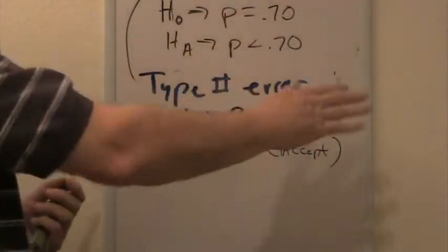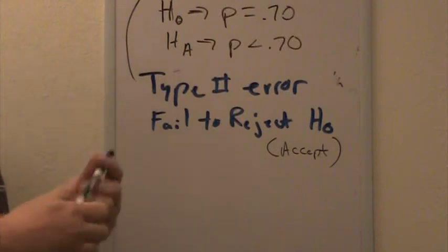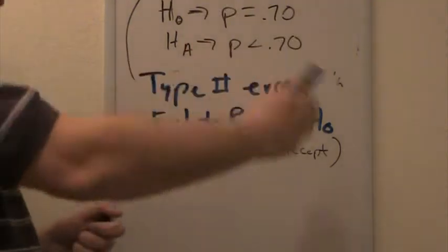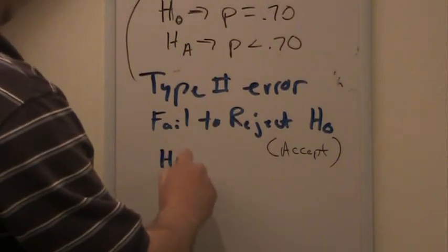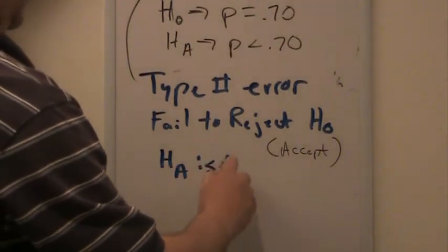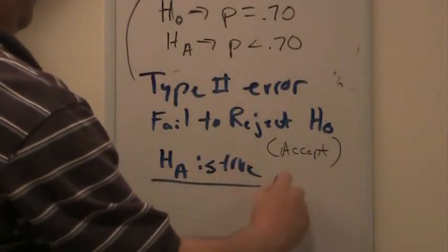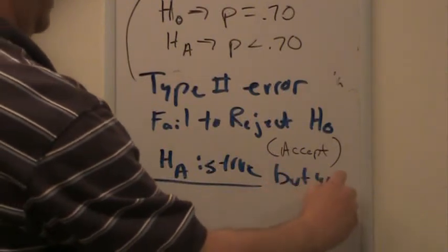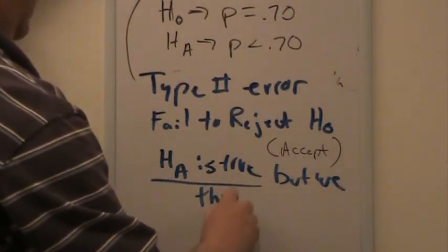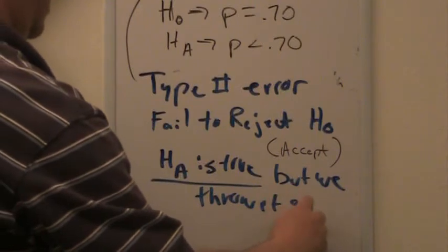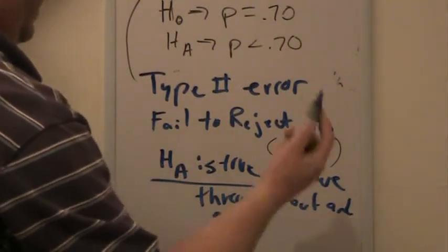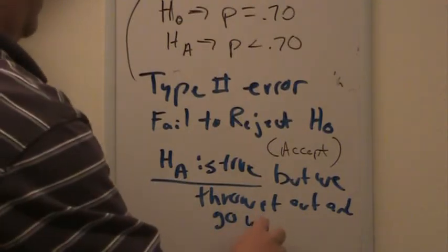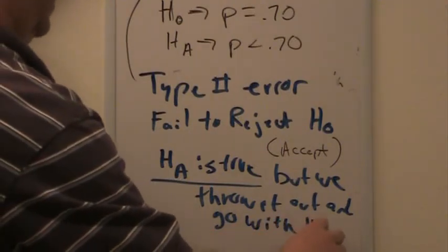But that's an error. It's wrong. We shouldn't accept the null. The other alternative is correct. So in other words, HA is true, but we throw it out and go with the null, H0.